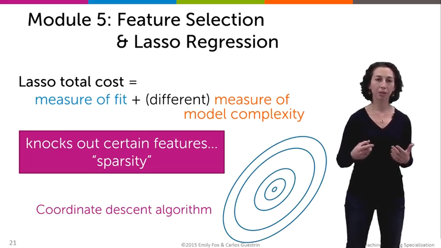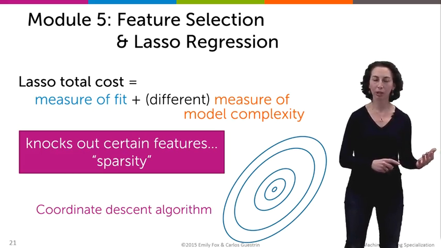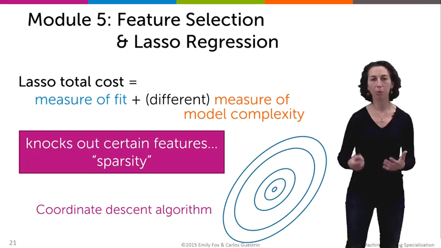And we're going to use this lasso regression task as an opportunity to teach about another optimization method that's called coordinate descent. So we talked about gradient descent earlier, and this is another one of these really important optimization methods that we're going to see again later in this specialization.